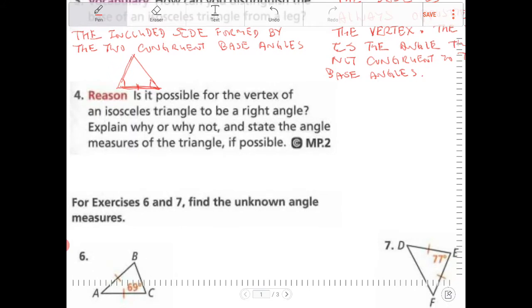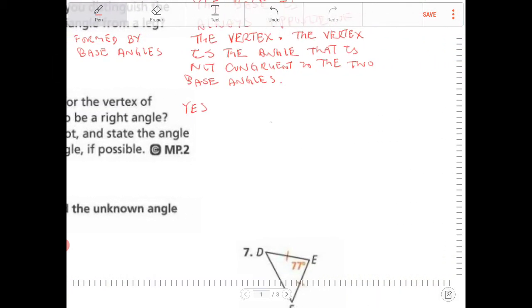All right, question 4. Is it possible for the vertex of an isosceles triangle to be a right angle? Yes, it is possible. Explain why or why not, and state the angle measure of the triangle if possible. So the vertex, if this is 90, and if this is indeed an isosceles right triangle, that means these two angles must be the same.